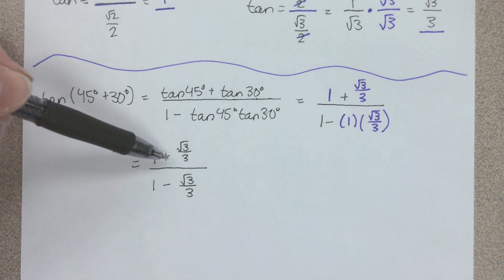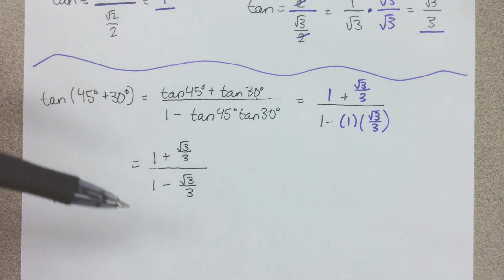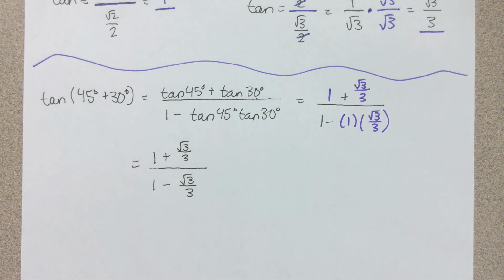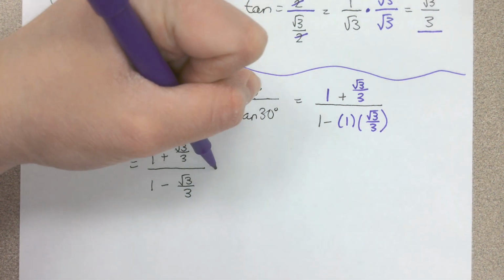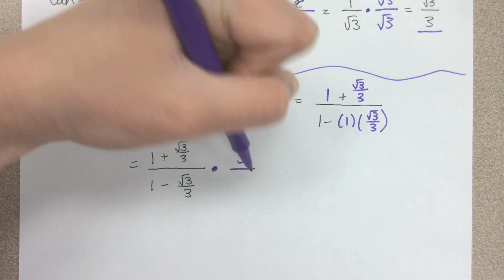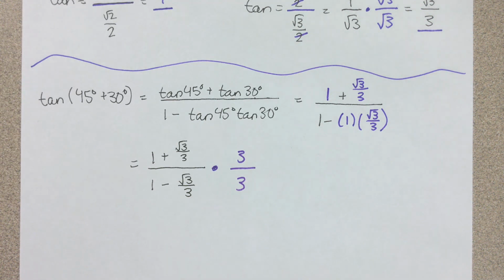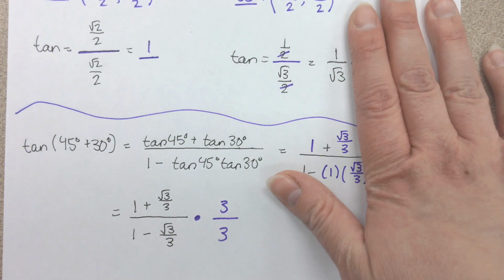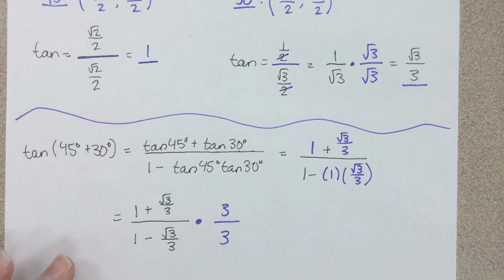If you want to cancel out this denominator, and thankfully they are the same on the top and the bottom, we're going to multiply the top and the bottom of this fraction by 3 to get rid of the 3. So multiply by 3 over 3. Whatever that denominator is, that's what you multiply by. Had I not rationalized earlier and I kept this, it would have been square root 3 instead. That's why I wanted to go ahead and rationalize.